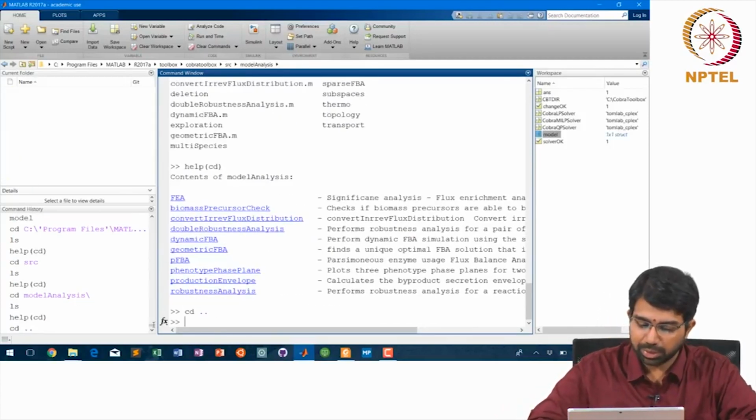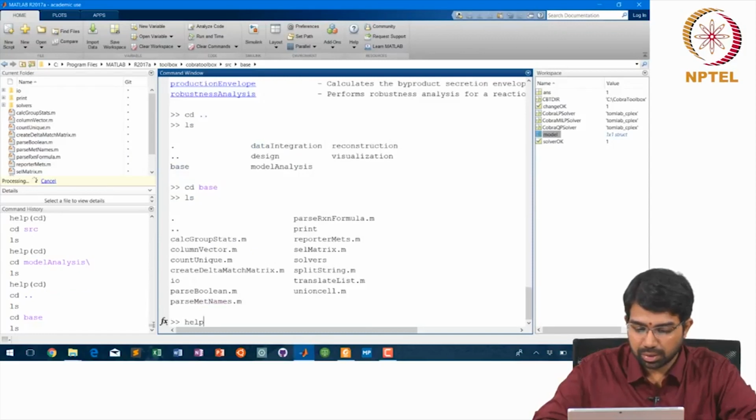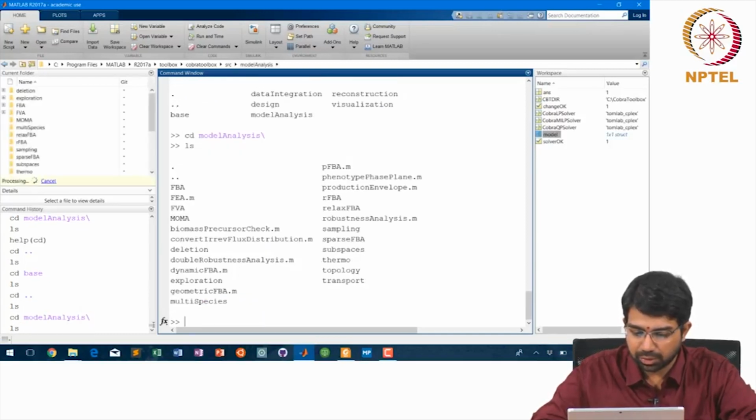We will come back to this in a moment. I am just trying to give you a feel for the COBRA Toolbox. So, this has some basic functions for parsing and things like that. Model analysis is a very useful folder.